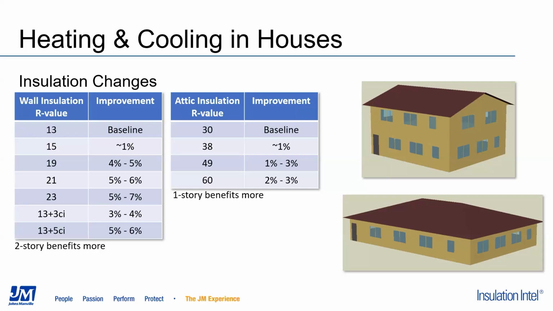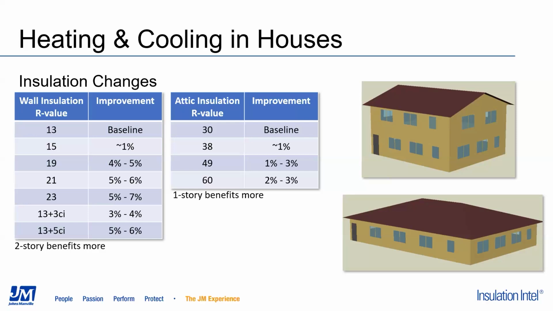If we look over at the attic side of things, as we increase our attic R value, how much insulation is going into the attic, we don't see as much. And that's really because the heating and cooling loads that we get through our roofs are less, even though heat rises and all of that.